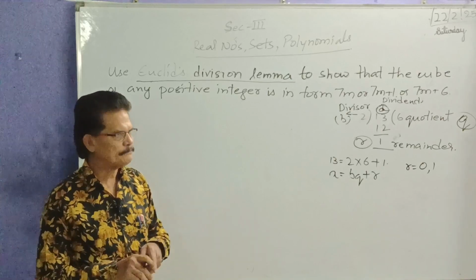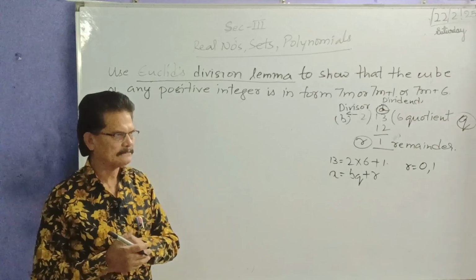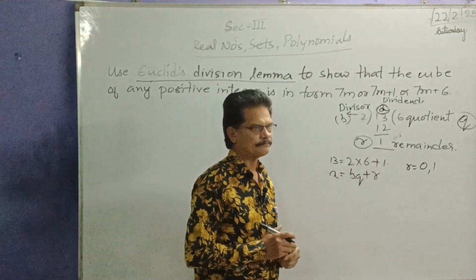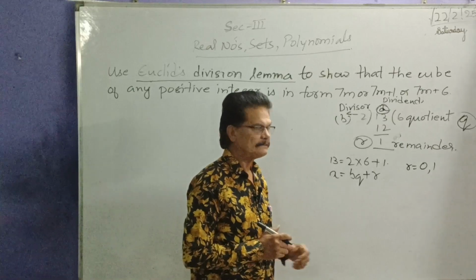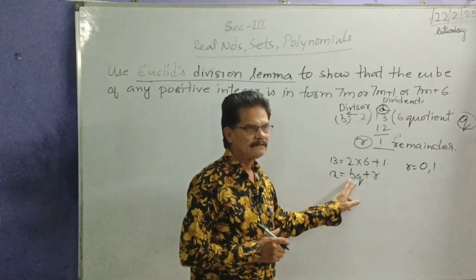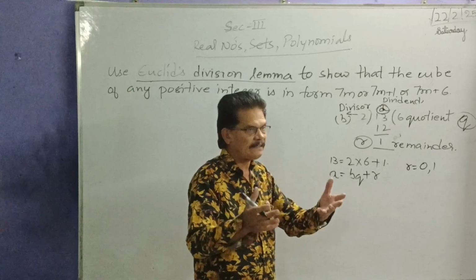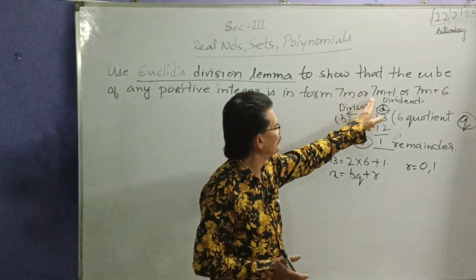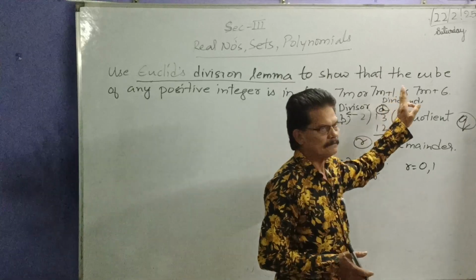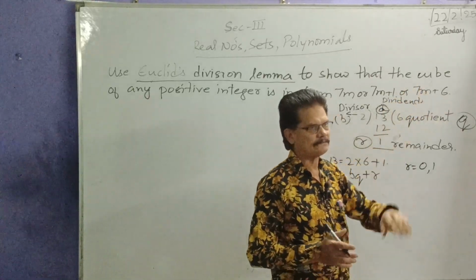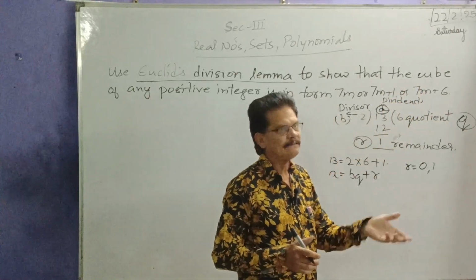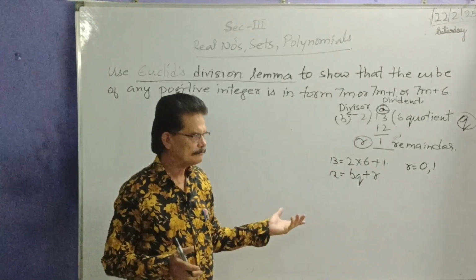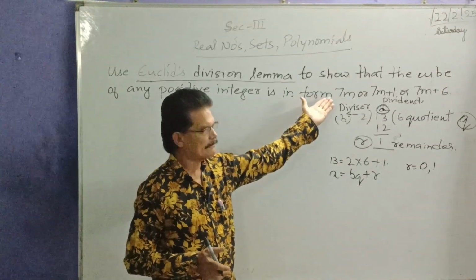So now in this problem, there is a hint. Out of these 3 things, we are having 2 things. What are those 2 things? b is with us, r is also with us. What is b? Directly 7.